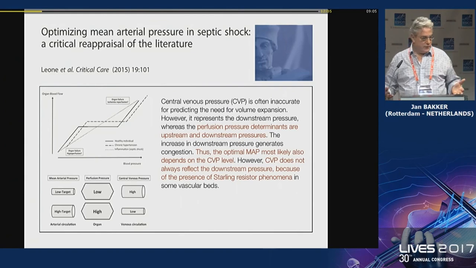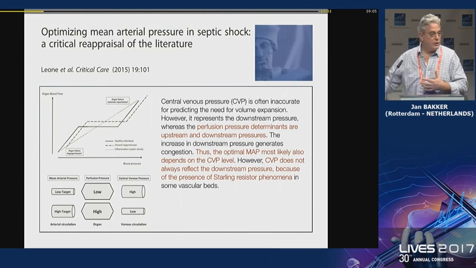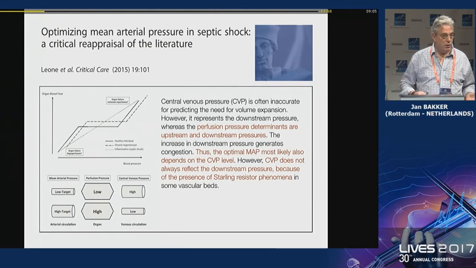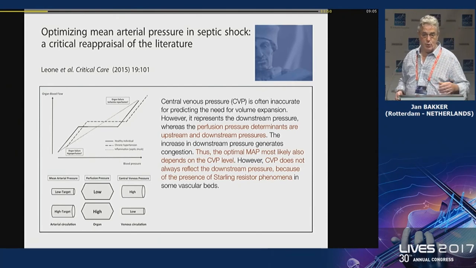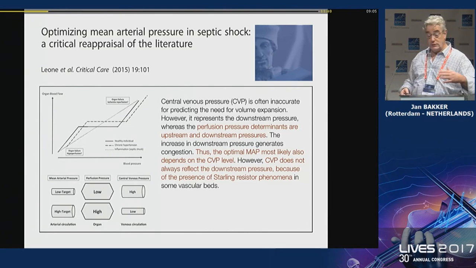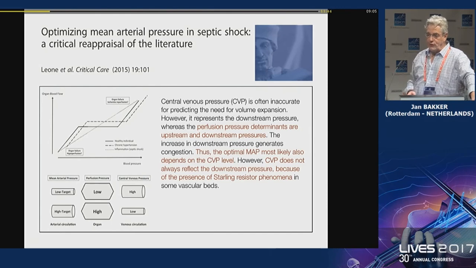Now there's a lot of discussion whether blood pressure has a very important effect or no effect at all. Of course, in normal situations, there is autoregulation in some areas, especially for the brain. That's very important. And some other organs, like the kidney, are influenced by perfusion pressure, by mean arterial pressure as well.